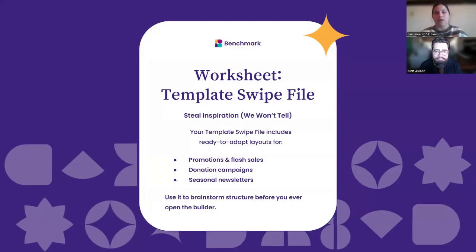We break down the basic elements of an email: the header, the hero image, the body copy, the CTA, the footer, and we show you what goes there. We've really walked you through this already, but this is your cheat sheet. You can use this to help you brainstorm structure before you start working within our builder.